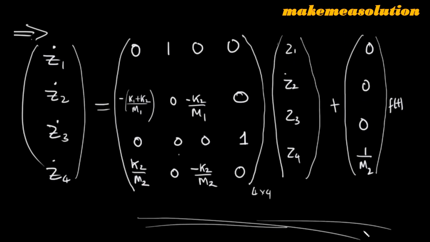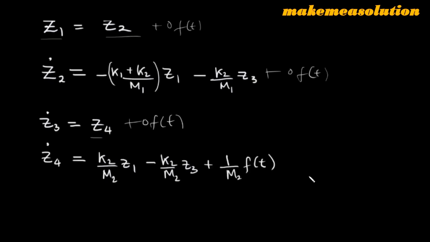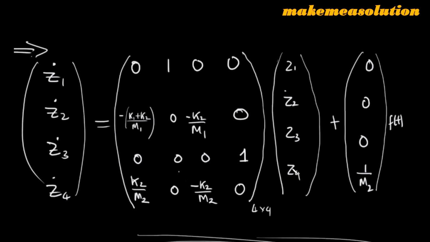Yeah, and that's all. So this one was pretty long, but I hope you understood the procedures. Go back to it, and let me just recap what we did. First of all, we brought out the free body diagram of each mass and we analyzed the forces acting on them. We applied Newton's law. We got our second order equations, that's two second order equations.